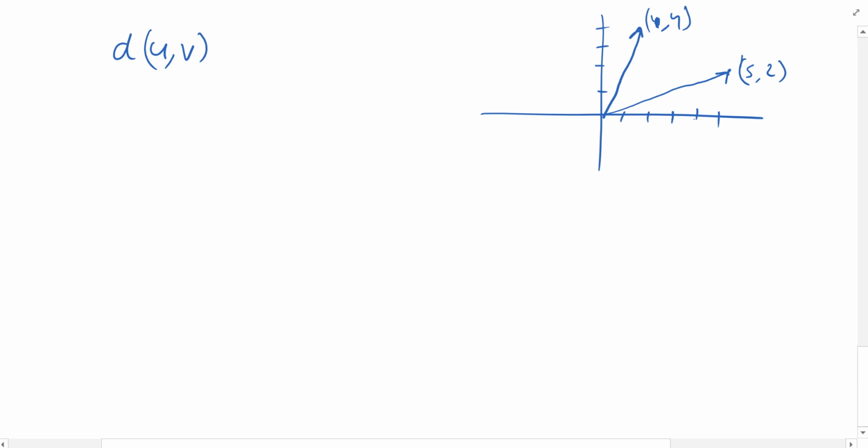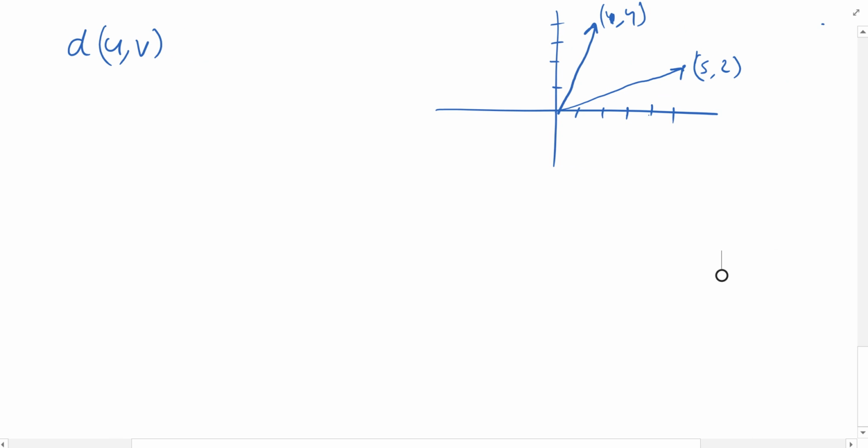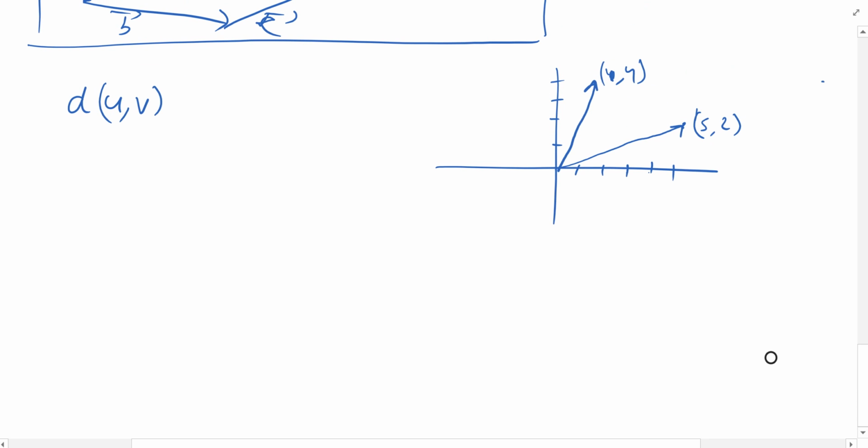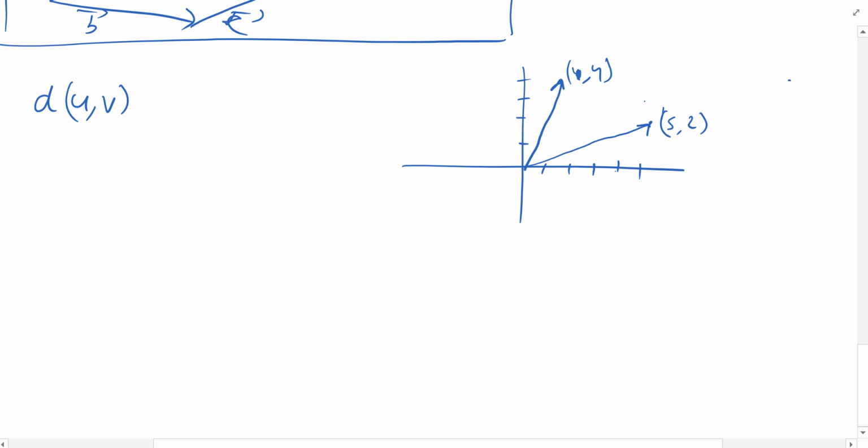Now the distance between these two vectors, u and v, is basically the length of a vector. Right there, you have a u and you have a v. So what is my u? U is a point. Let me call this my u.